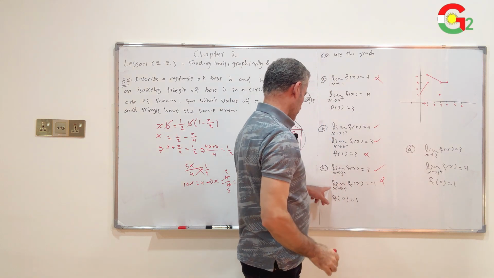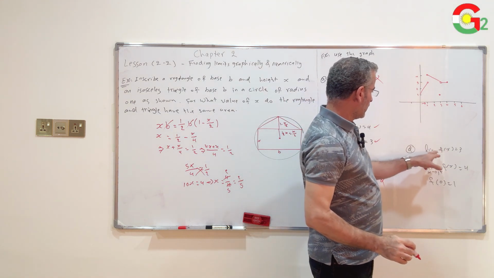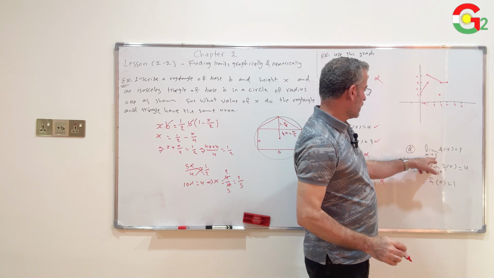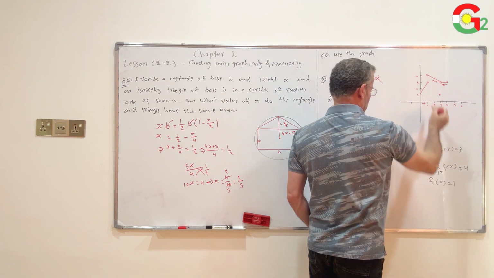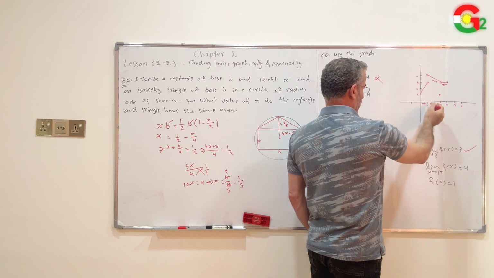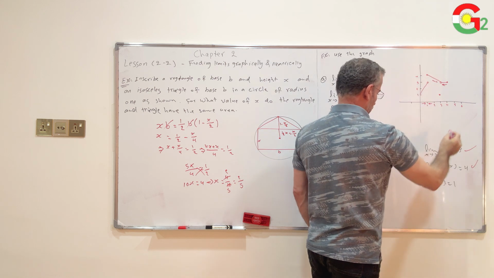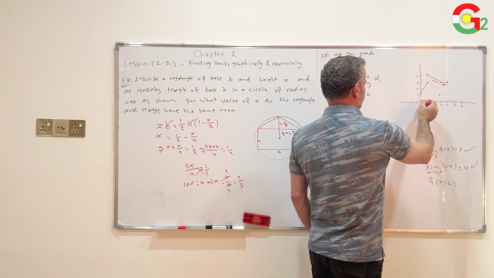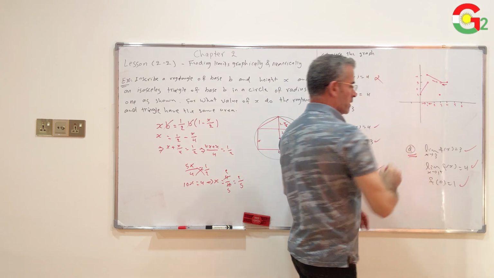It is 3. It is wrong. D. Limit of f of x when x approaches 3. It is 3. From left and from right is 3. True. Limit of f of x when x approaches 1 from the right. It is 4. True. f of 0. It is 1. True. The right choice is D.